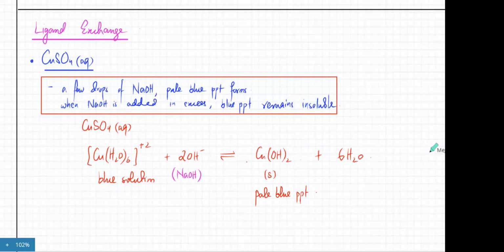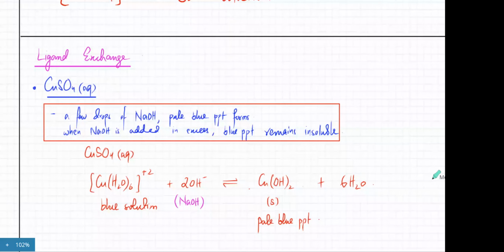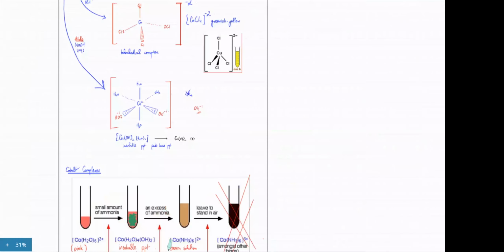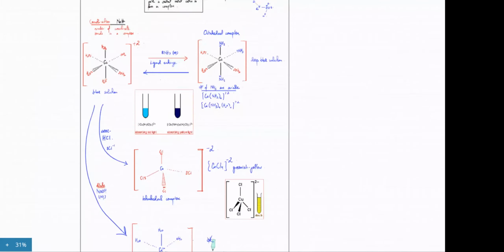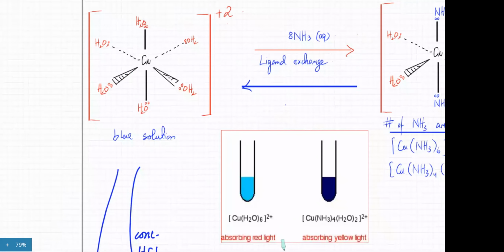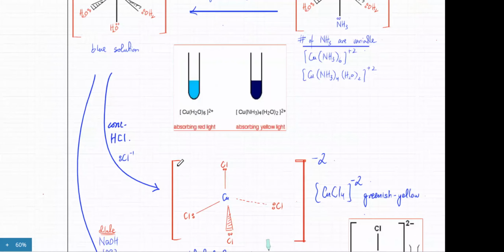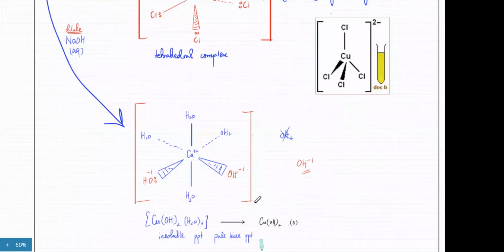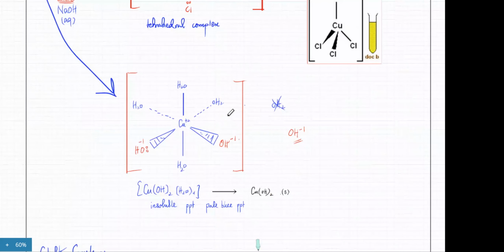So this is what we also learned earlier as well. I told you that if you have copper in aqueous state, it would be surrounded by 6 water molecules. It's a blue solution. And as soon as you add dilute NaOH, all that happens is that the water molecules get displaced by OH ions.